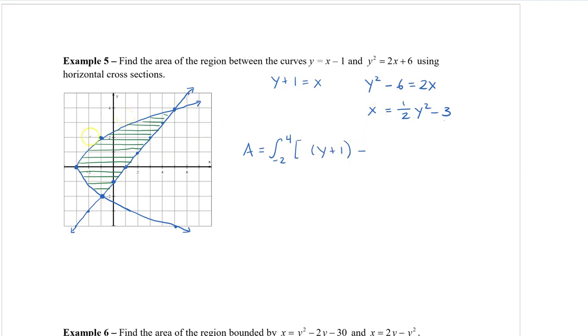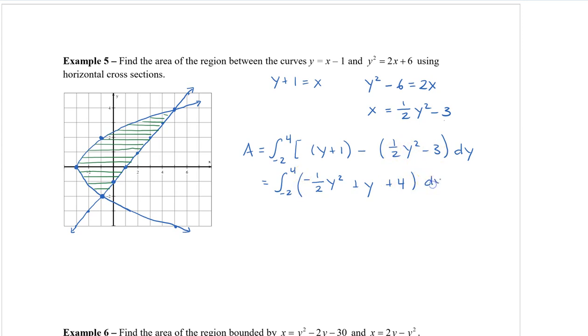And then my left curve is going to be half y squared minus 3, and then dy. Before we integrate, let's join everything together. So I'm going to have -1/2 y squared, and then plus y, and then 1 minus -3 is 4.